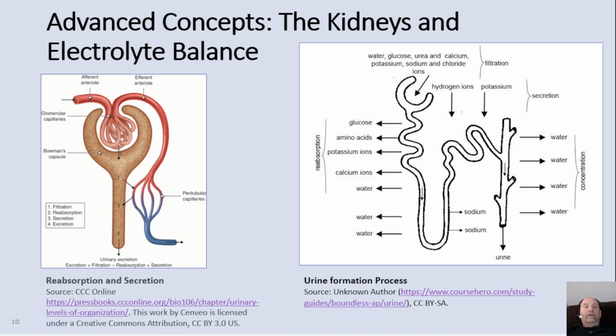As the filtrate travels through the renal tubules, the kidneys selectively reabsorb or excrete specific electrolytes to maintain the body's electrolyte balance. When sodium levels in the blood are low, aldosterone prompts the kidneys to reabsorb more sodium, increasing its concentration in the bloodstream. Conversely, excess sodium is excreted in the urine to help regulate sodium levels.